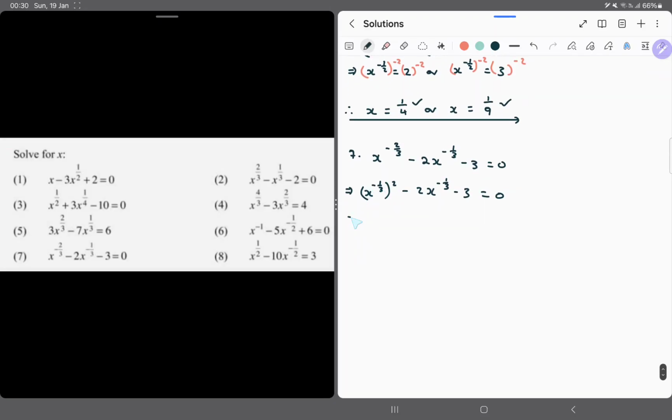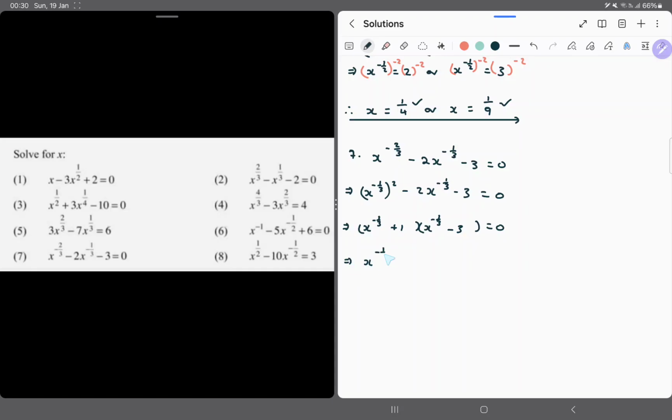If these overwhelm you, please use the K method. That's the savior of students who are not so strong. Alright, so we've got x to minus a third, x to minus a third. So we've got minus 3 plus 1. Is that so? It looks like it.